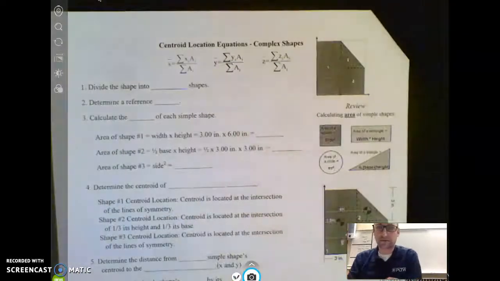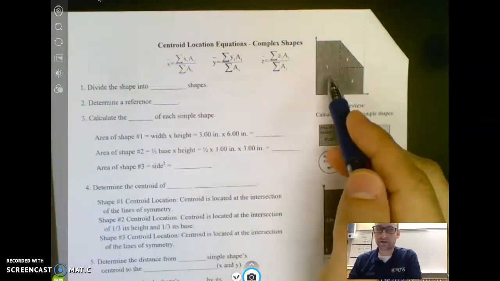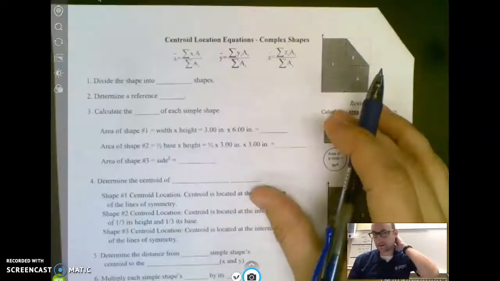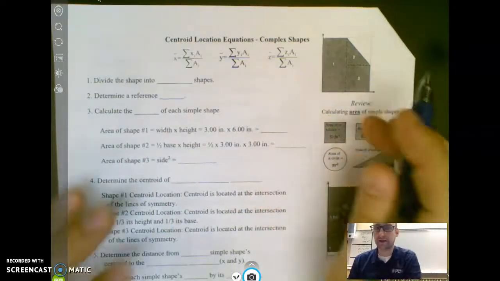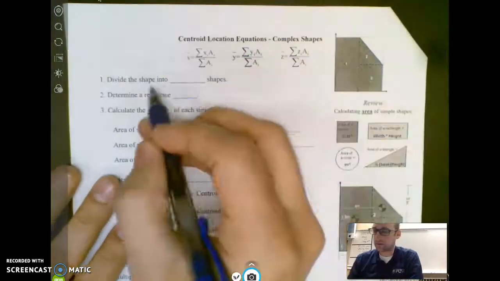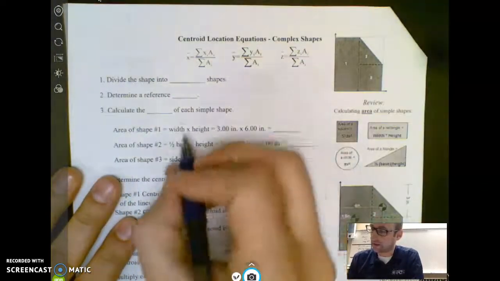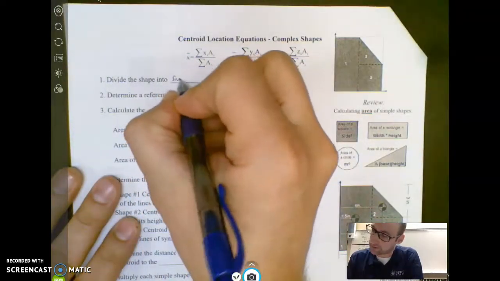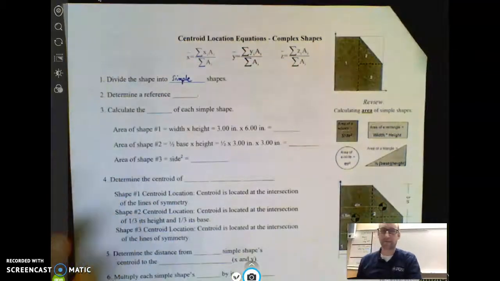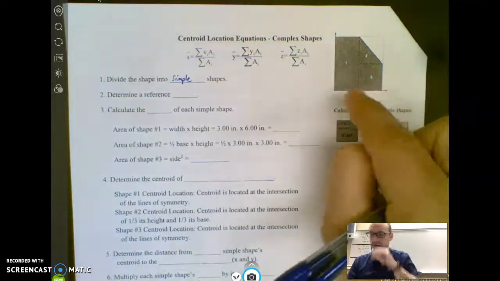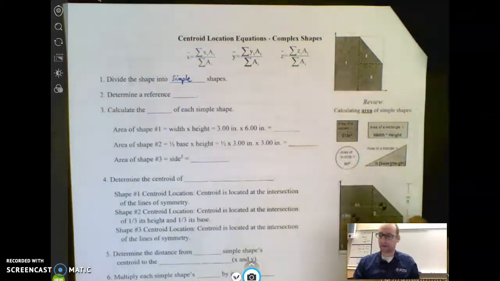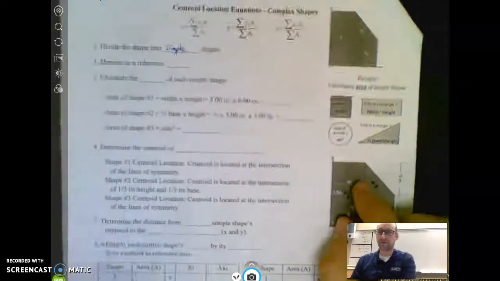I wanted to kind of walk through how to solve a crazy shape because your homework worksheet is like this too. Basically, what you can do is divide your crazy shape into simple shapes, right? So if we divide our crazy shape into simple shapes, then we can find the centroid of each one of these shapes.